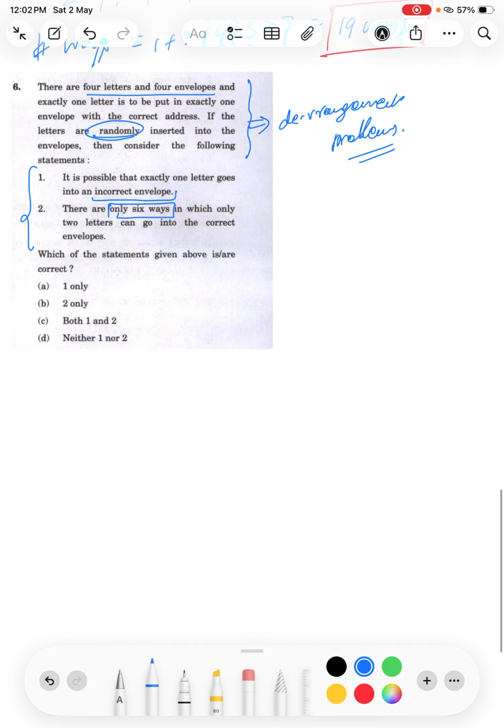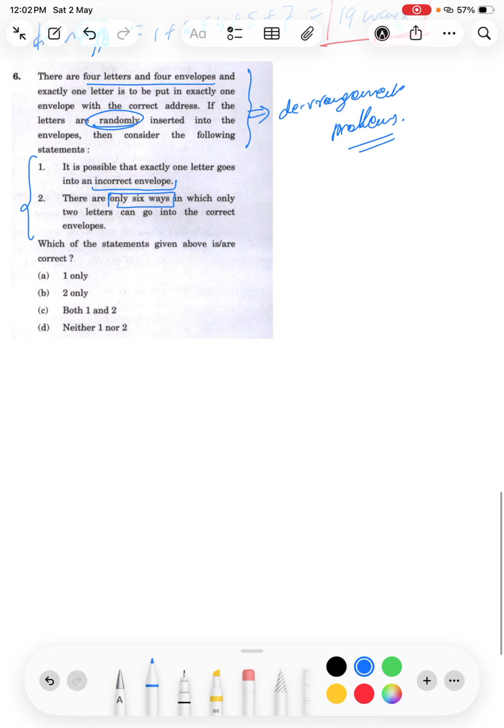So let's start the process of thinking. The approach to the problem. So how should we start thinking about such kind of problems?